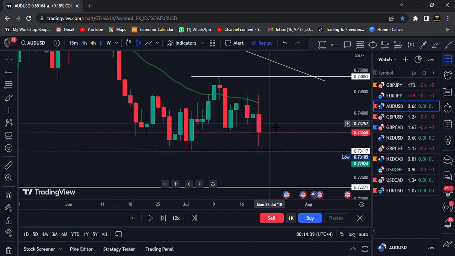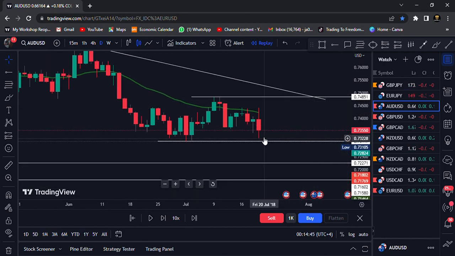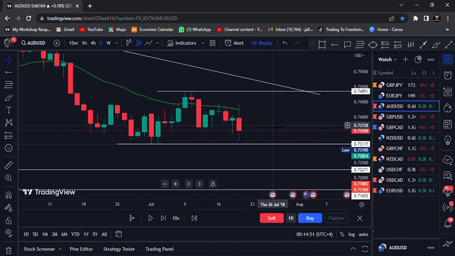Okay, so actually this is supposed to be a sell confirmation, but the candlestick is not really the ideal candlestick. Should be a shooting star, or a hanging man, which is just the opposite of a hammer.